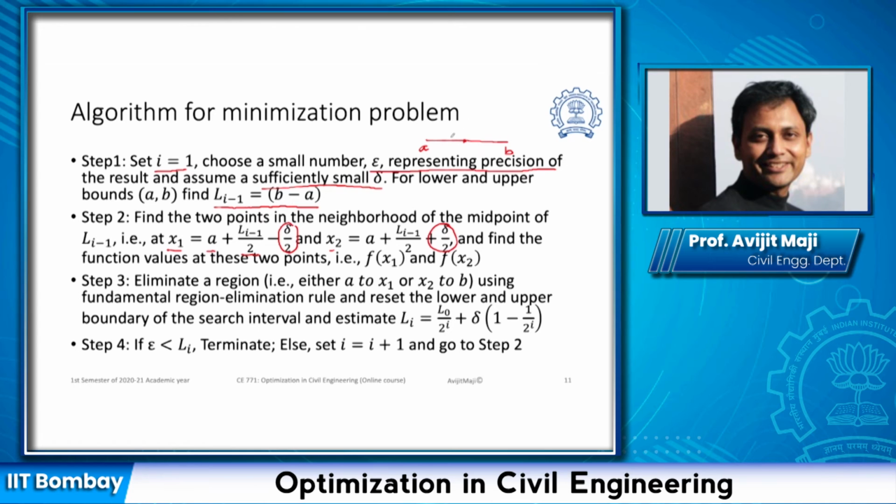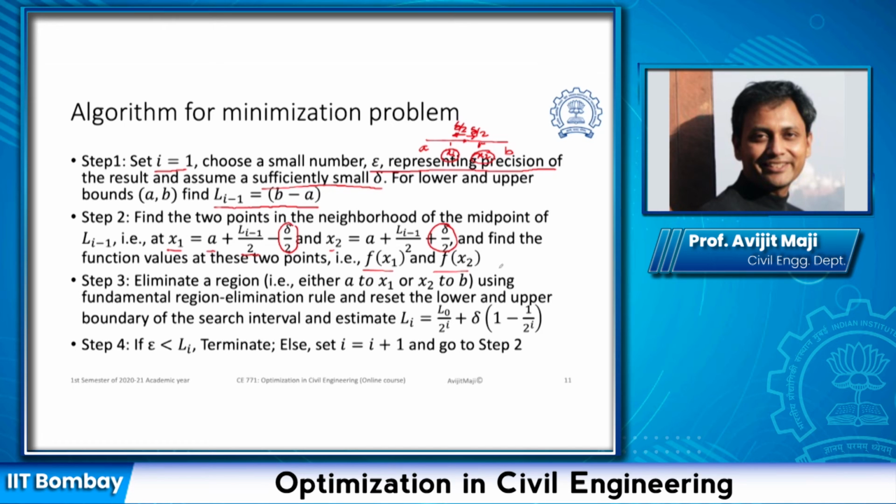From here we want to move a little bit on the left hand side, which is the distance delta by 2. We want to move a little bit on the right hand side, which is the distance delta by 2. So this becomes x1 and this is going to be my x2, and we compare the objective function values at x1 and x2. So for that reason we find the objective function values at those 2 points, f(x1) and f(x2).